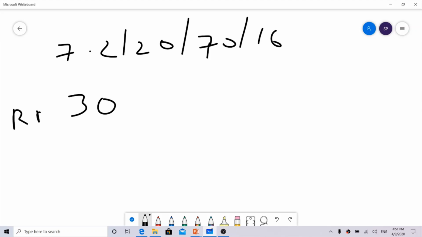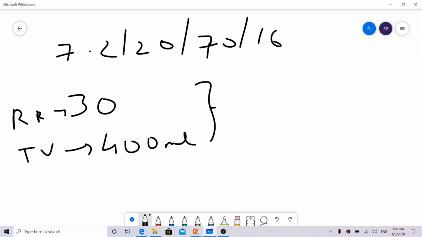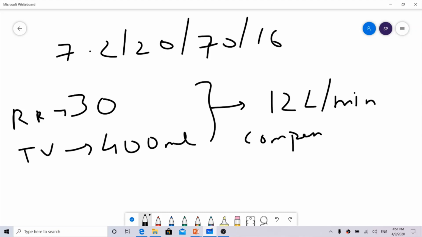This was his respiratory rate, and the tidal volume was, let's say, 400 ml. Again, it's a shallow breathing. So what is the minute ventilation? 400 into 30, that will be 12 liters per minute. This is happening due to compensation.